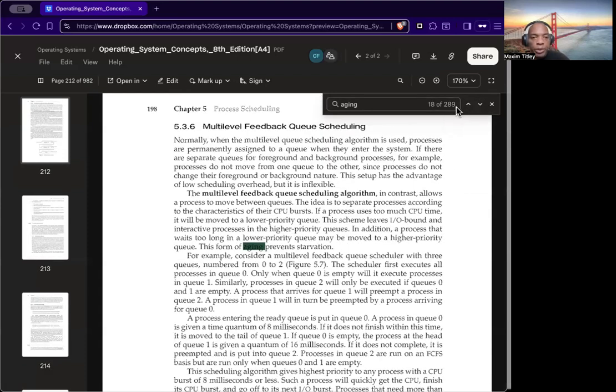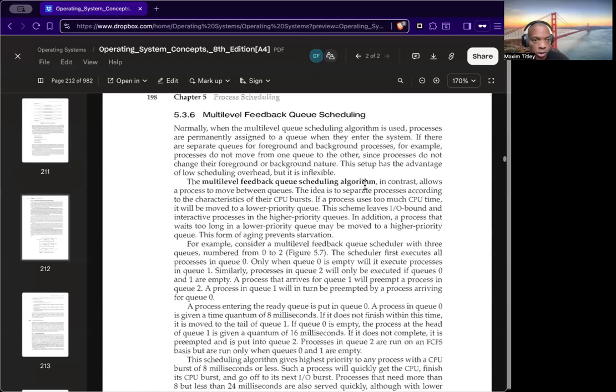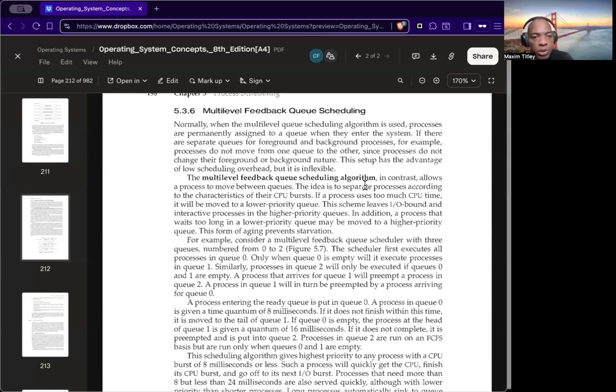Now, let me just make sure that I can go over this with you right here, multi-level feedback queue scheduling. With multi-level feedback queue scheduling, we allow for a process to move between queues. The idea is to separate processes according to the characteristics of their CPU burst. And if a process uses too much CPU time, it will be moved to a lower priority queue.